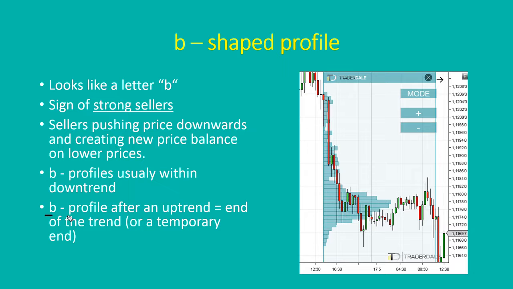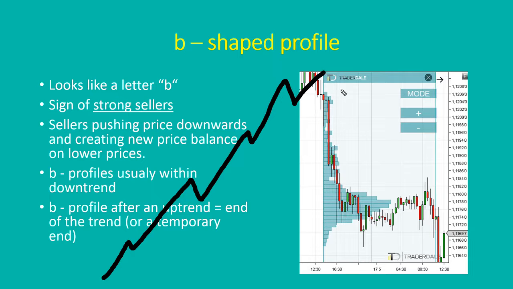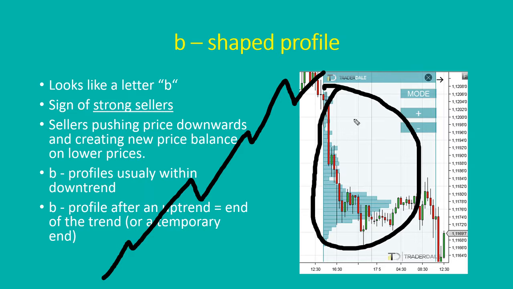When there is a B-shaped profile after an uptrend, then it means that the uptrend is over or could be over, and there's a temporary end of the uptrend or a change of a trend. So imagine there was a strong uptrend, and now something like this occurs.